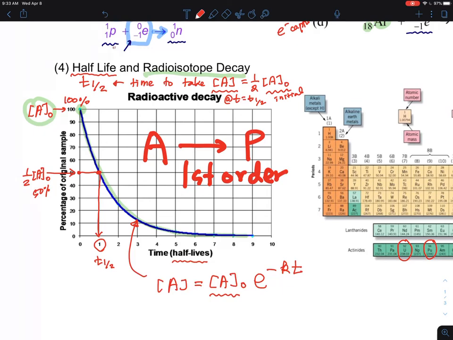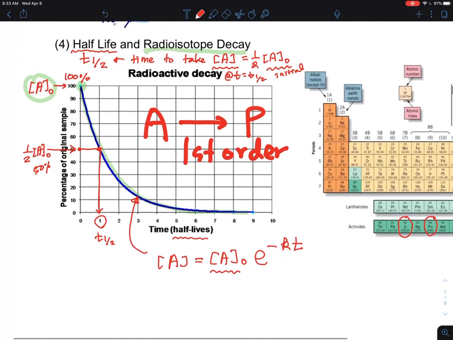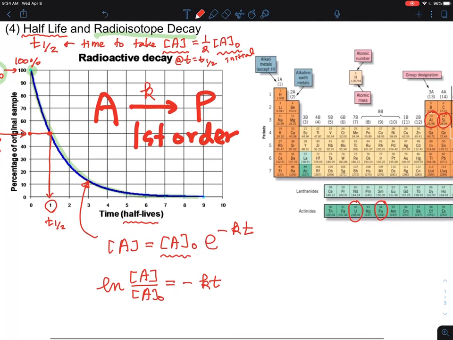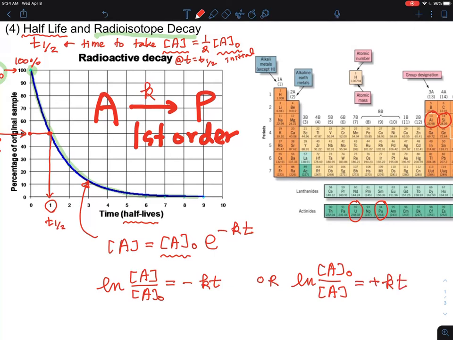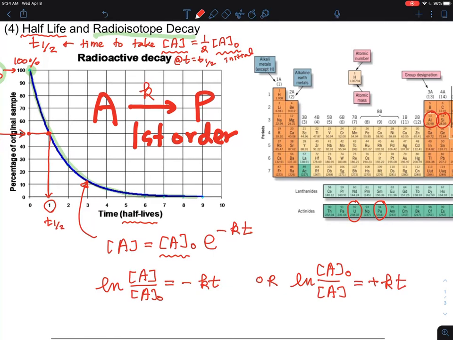And the decay constant k is your rate constant k for the first order decay reaction, right? And also another way people write it is ln(A over A naught) equals minus kt, or sometimes people flip this as A naught over A, not A over A naught, and then in this case it became plus kt.